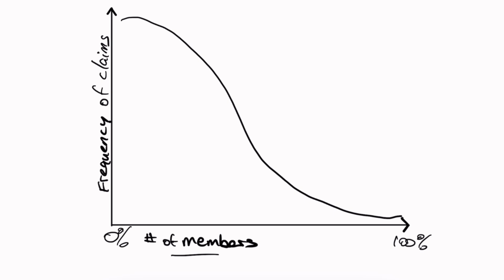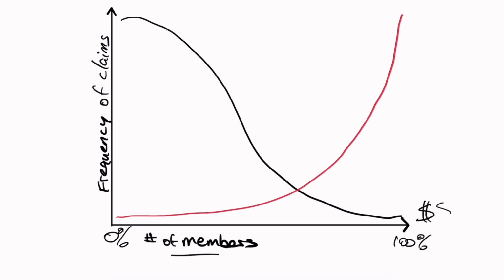This is going to run in two different directions. We also want to make sure we're looking at cost, also here on the X-axis. A very small handful of your members are going to incur high cost claims. If you look back at your claims report, if you have 100 employees, there's probably 2 to 5 members that drive the majority of the cost of your health insurance.